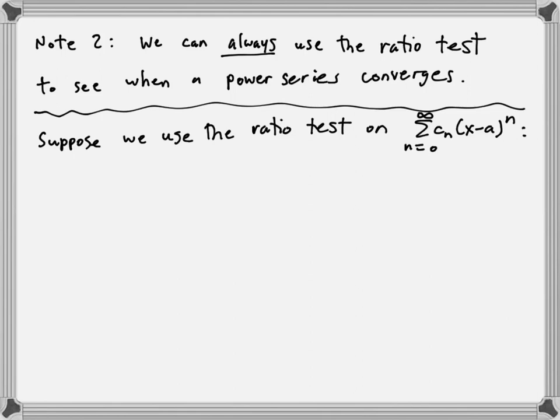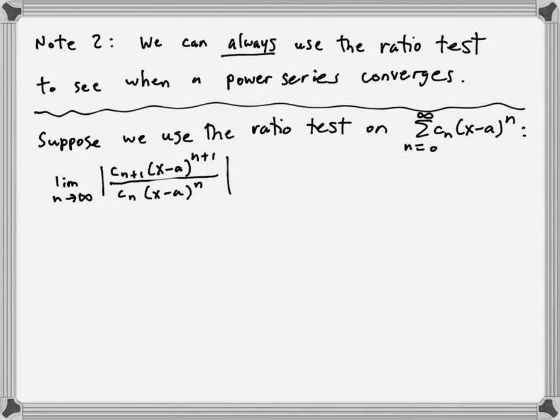The test says that we need to take the limit as n goes to infinity of the absolute value of the n plus first term divided by the nth term. So it's going to look like this. So it looks like that.